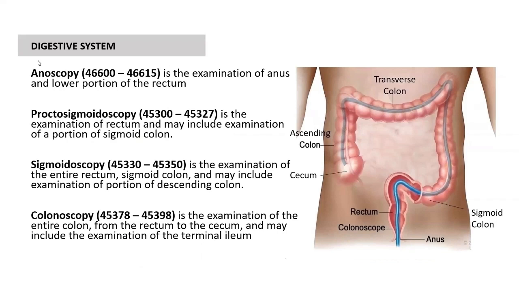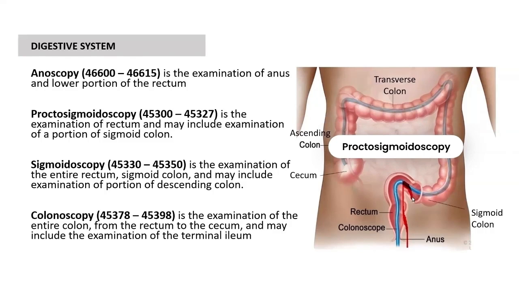There are other endoscopies related to digestive system apart from what we have discussed. If the endoscope is inserted through anus, visualizing anus and up to the lower portion of the rectum, it is coded as anoscopy. If it is passed further, visualizing entire rectum and first portion of the sigmoid colon, it is coded as proctosigmoidoscopy.